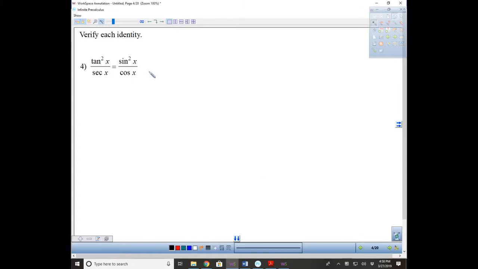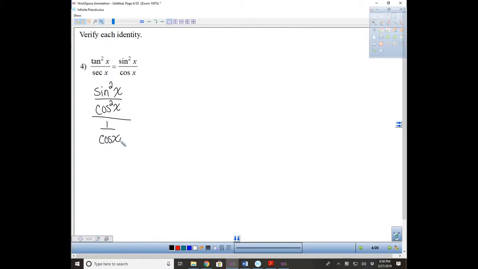Okay, the last of the verifying. This side's already in terms of sine and cosine, so I think I'm going to change this side to be the same. Tangent is sine over cosine, so I've got sine squared over cosine squared. And secant is 1 over cosine.